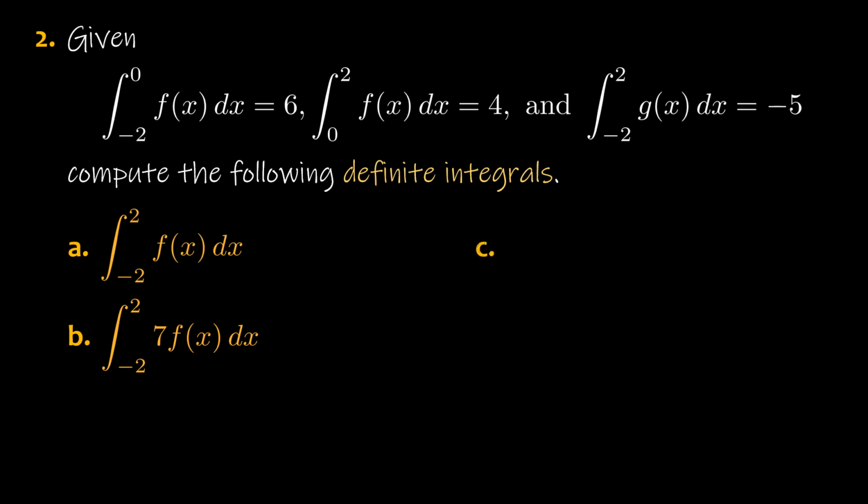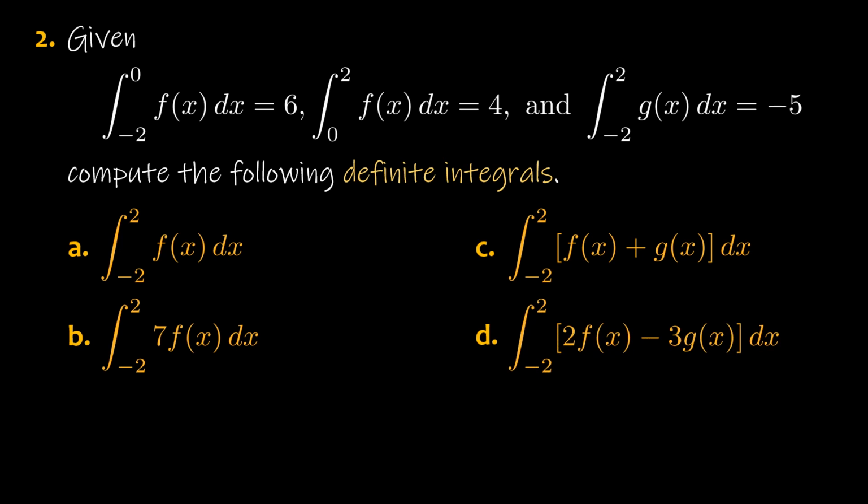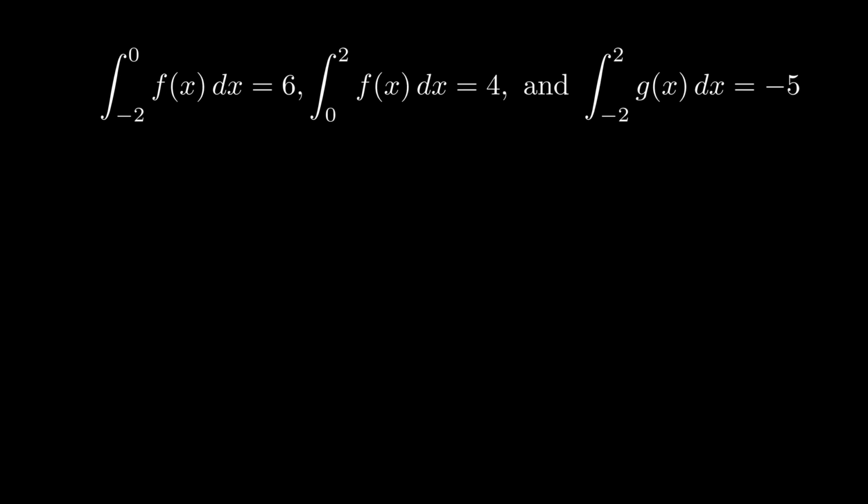C. The integral of f of x plus g of x dx, from -2 to 2. D. The integral of 2 times f of x minus 3 times g of x dx, from -2 to 2. Solution.